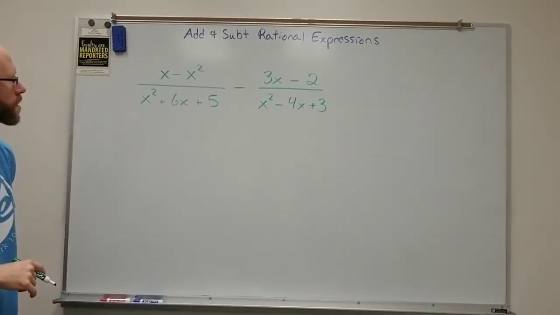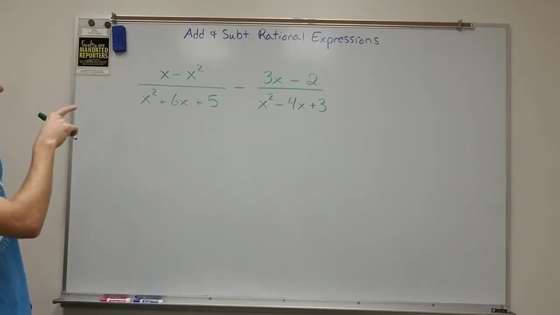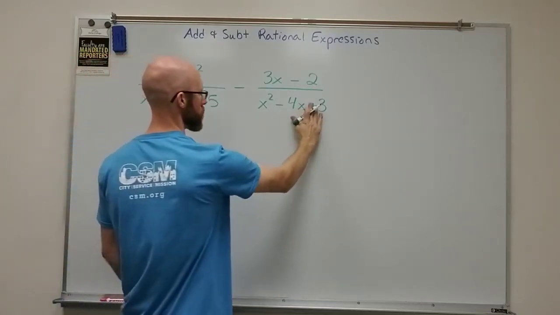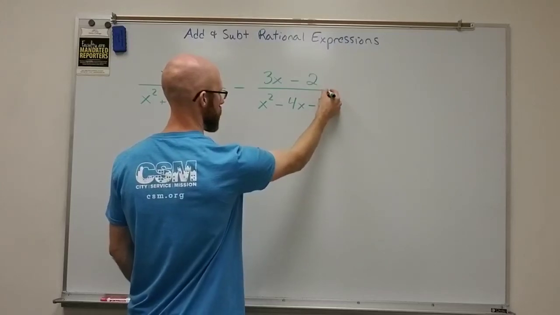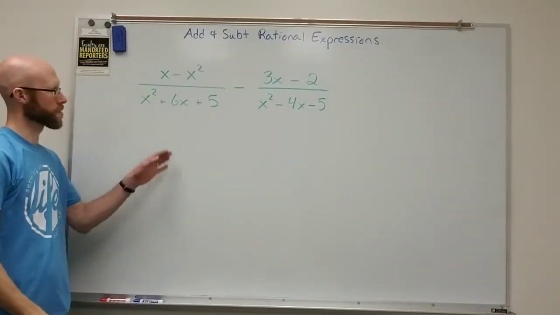Is that right? Minus 4x plus 3 minus 1. No. Let's do a plus. Let's do a minus 5 right there. That's better. Okay, let's try this one. Kind of making this one up as I go.